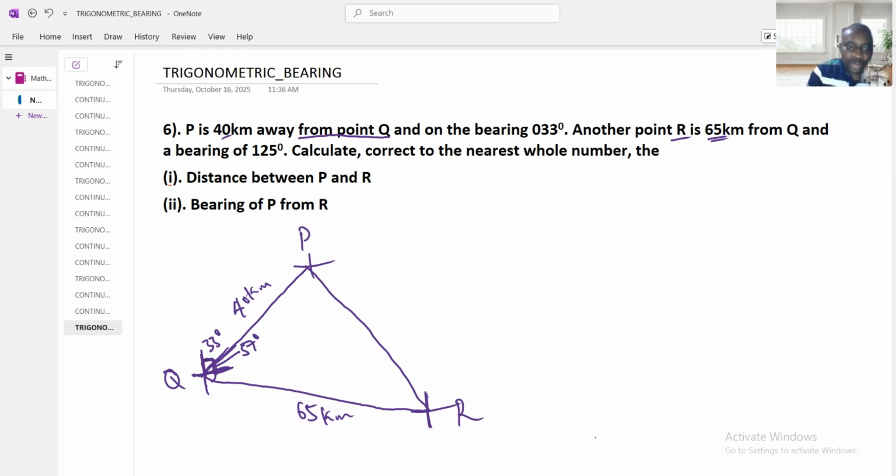And we draw another one, which is 125, that joins the point R. After this 90, we draw 125 and stop at 125. What you just need to do is say 125 minus 90, because 90 stops here.